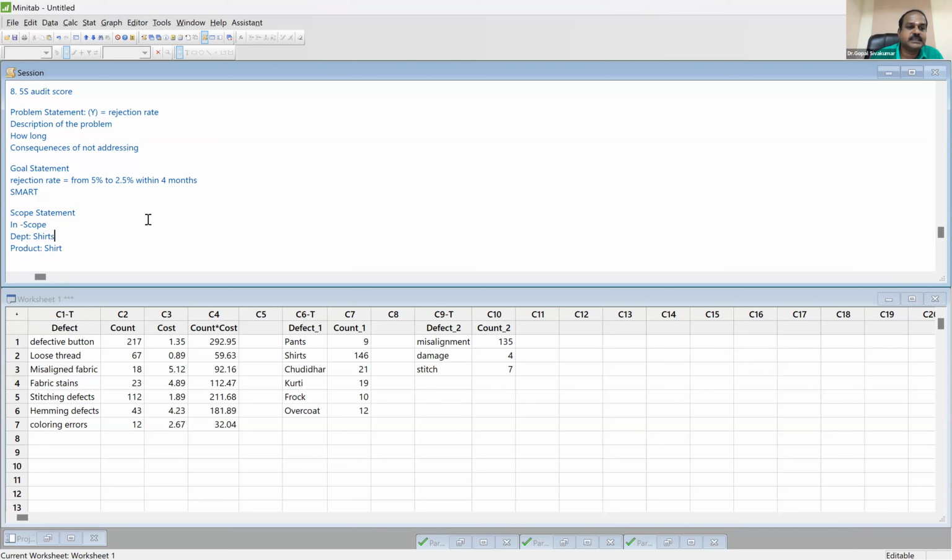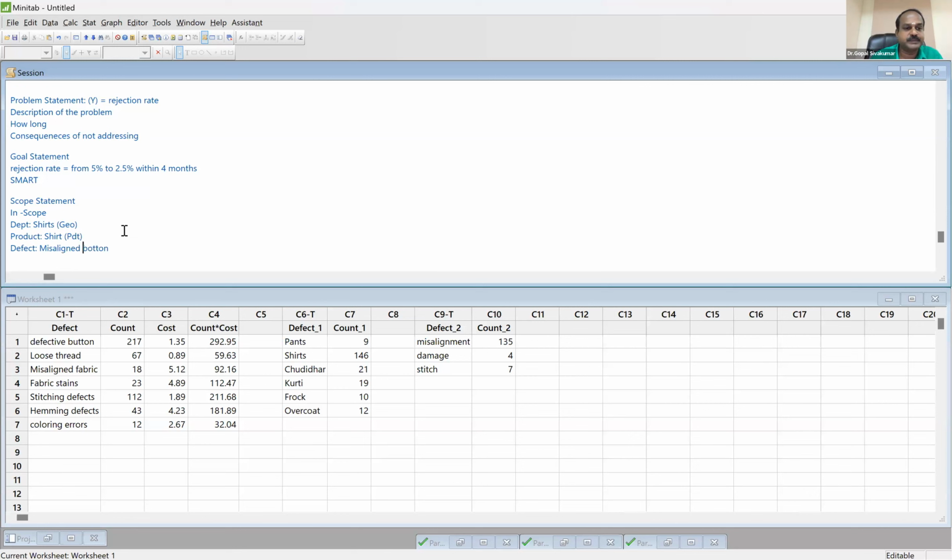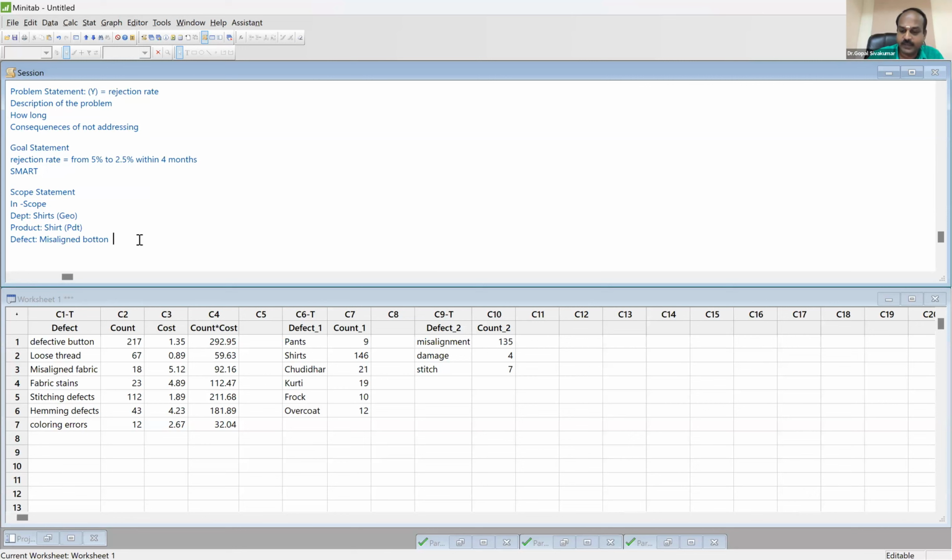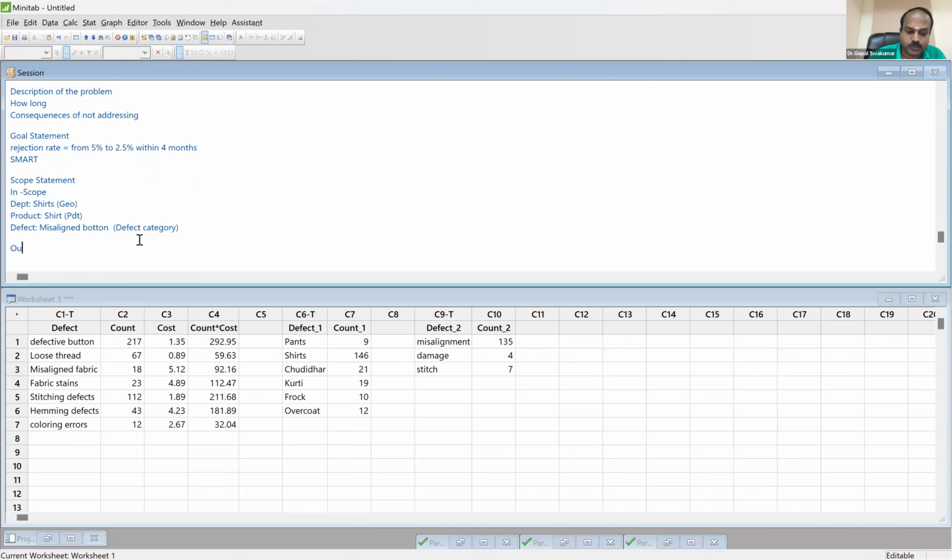Department means we are segregating or scoping the project based on the geography. Here, based on the product. Here, based on the defect category. Now, out of scope.